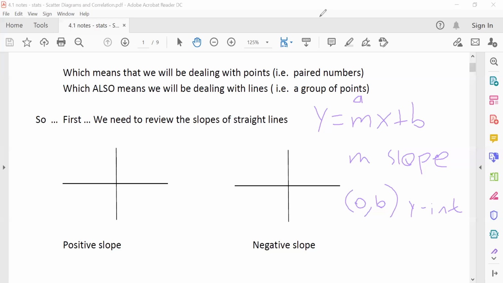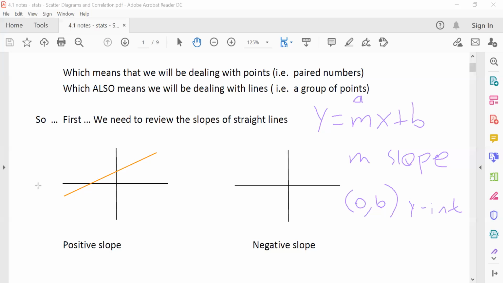So a positively sloped line, I'll use green. Or no, you know what? It's almost Halloween, so I'm going to use orange. A positively sloped line, as you move from left to right along the axis, now you remember you could say that there's arrowheads here. Drawing the arrowheads is kind of a pain, so I won't draw them, but just tell yourself that these lines actually go on forever along the same pattern.